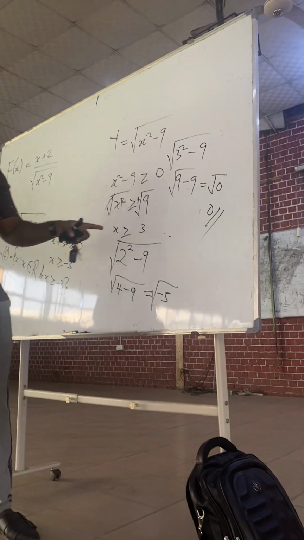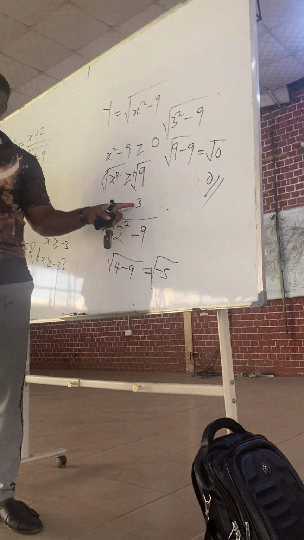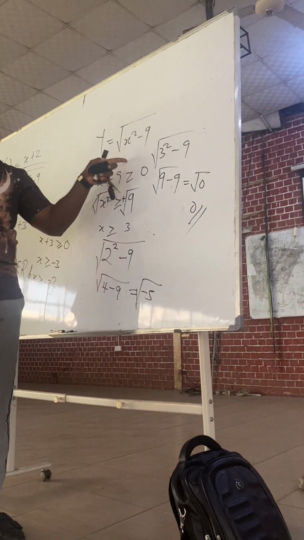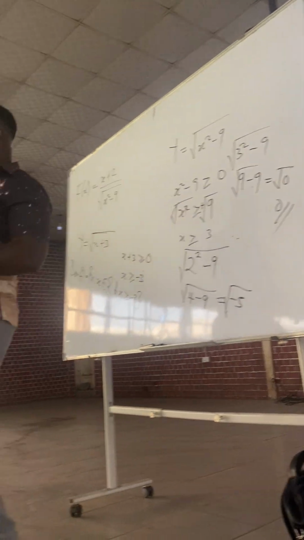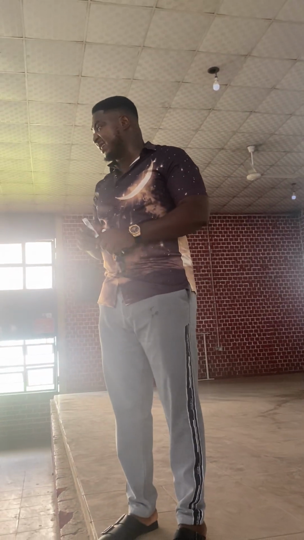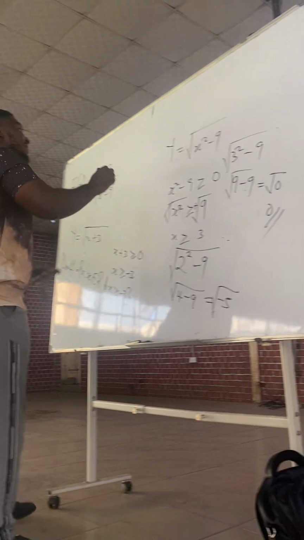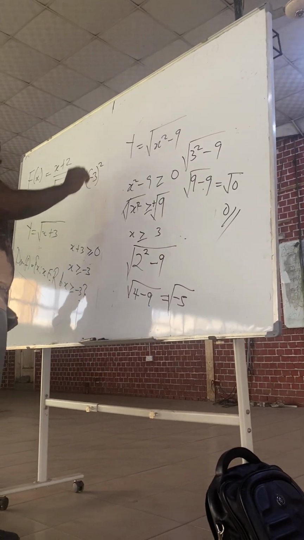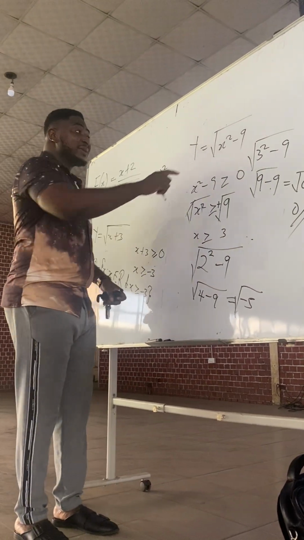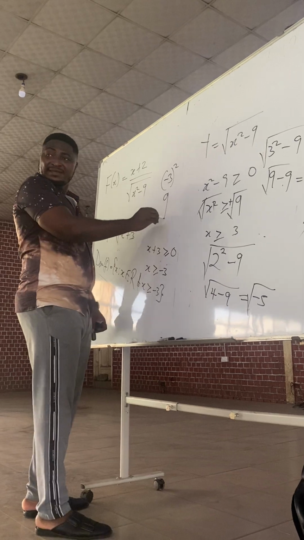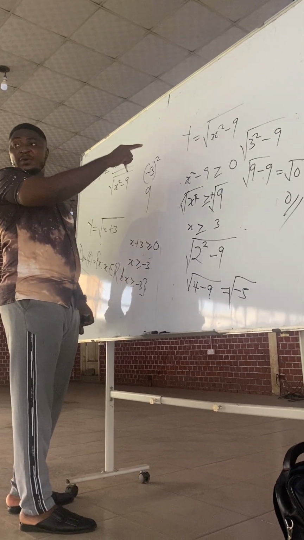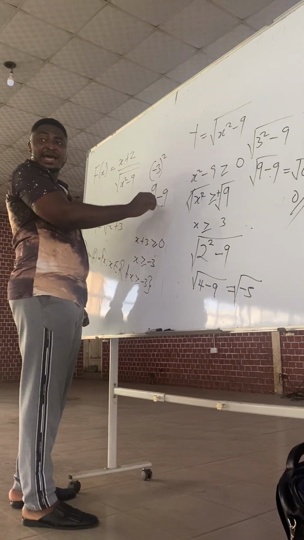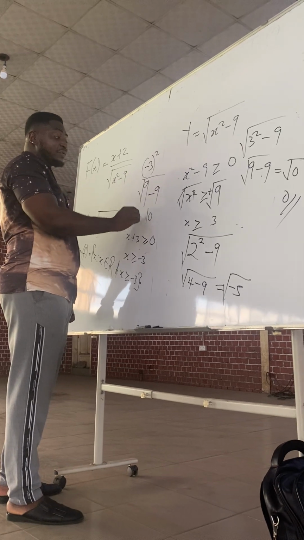So any number that is less than 3 will not make this function exist. The only number less than 3 that will make this function exist is minus 3. Why? Because the square of a negative number is positive. If you put minus 3 squared here, you still have positive 9. 9 minus 9, the square root of 0 exists, right?